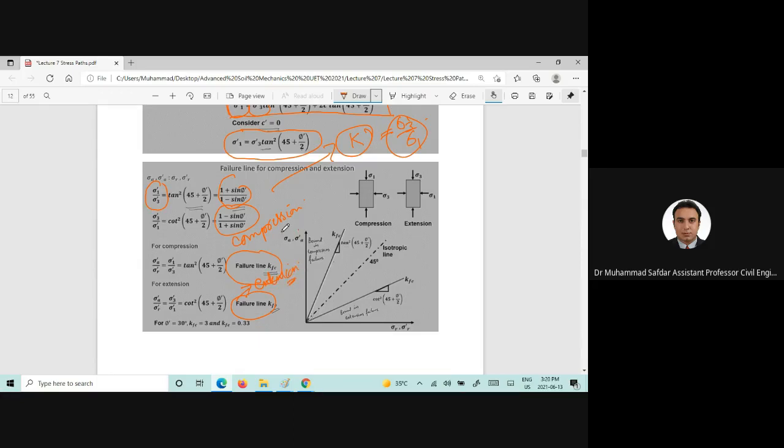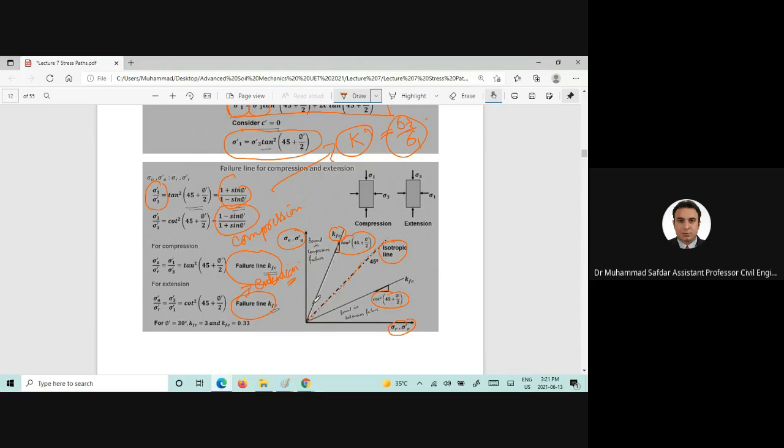Now, if you want to plot sigma A prime or sigma R prime, then this would be the isotropic line, and here we can find out the slope of the Kf in compression loading, which would be tangent square of 45 plus phi prime divided by 2, and the slope in extension loading will be equal to cotangent square of 45 plus phi prime divided by 2.